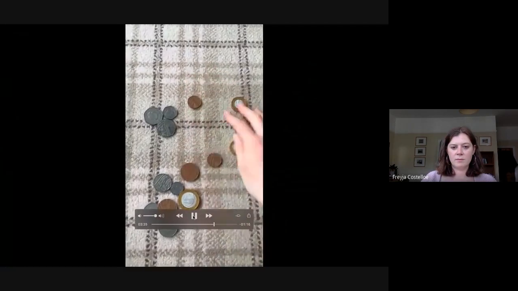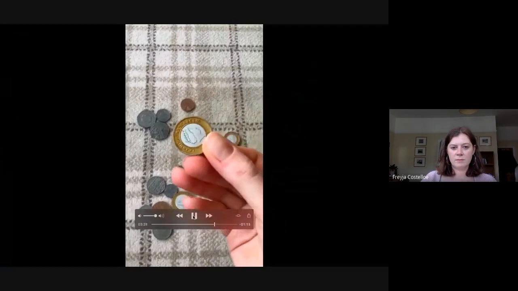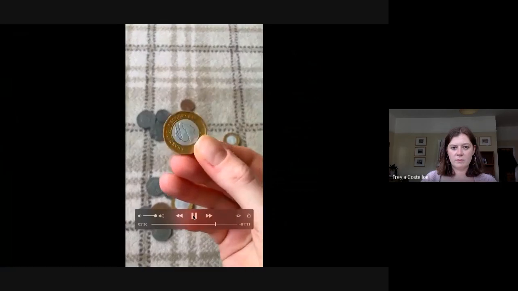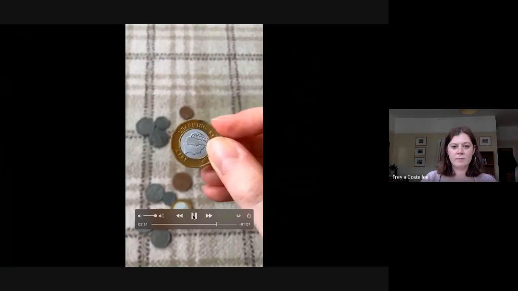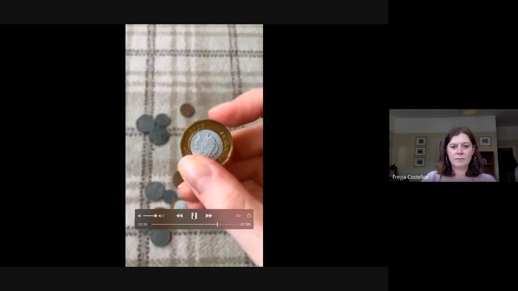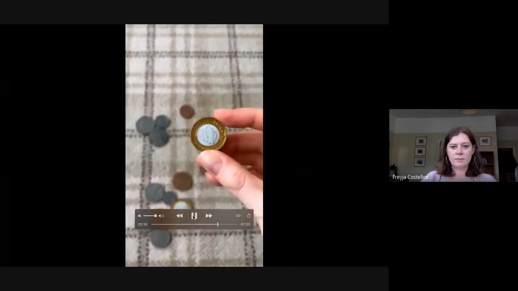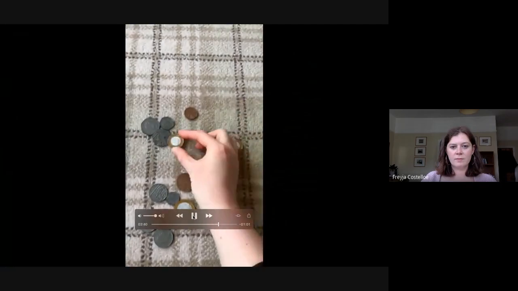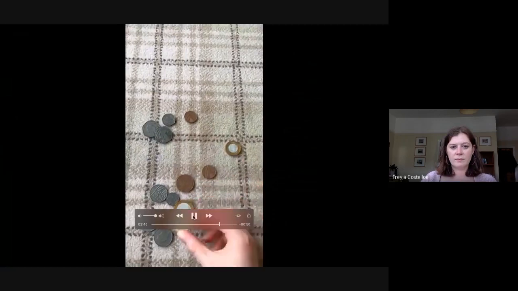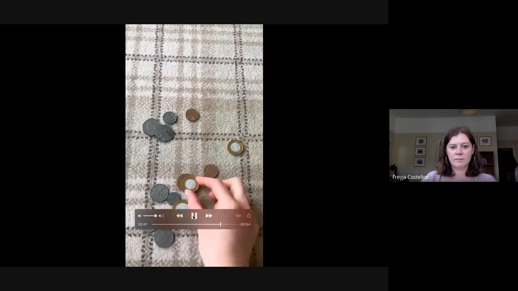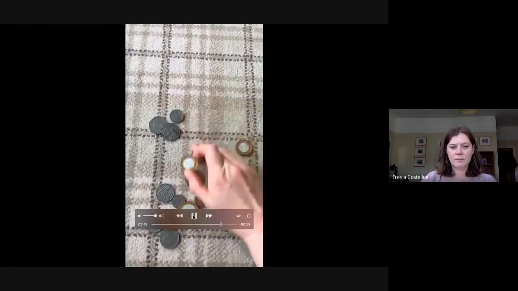Now what about my £1 coin here? This is quite recent, but £1 coins have now got little edges on them. You can see they're not as strong edges, not as big edges as the ones here, but they're not completely round like the coins in this group here, the round coins.